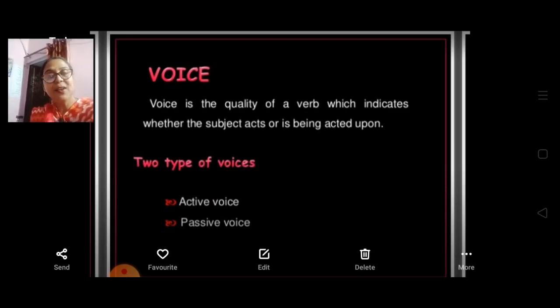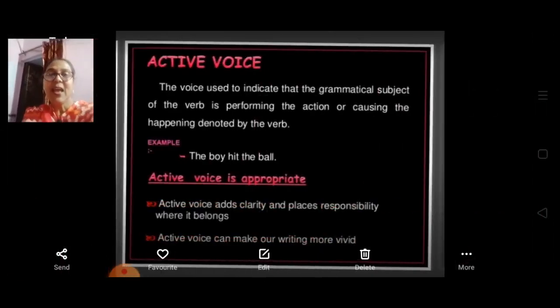So first of all, we should know what is active voice. Active voice is the voice used to indicate that the grammatical subject of the verb is performing the action or causing the happening denoted by the verb.